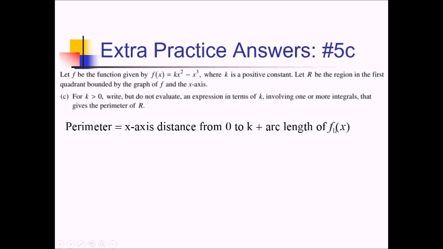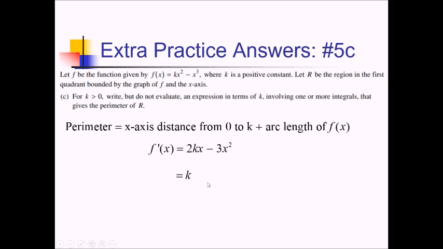So to find that arc length, I'm going to have to take the derivative of f, which is going to be, let's see here, 2kx minus 3x squared. So that's f prime. And I'm going to have to use my arc length formula. And I'll do that in just a sec. So let me write now, perimeter is going to equal distance from 0 to k, which again is just going to be k, right? k minus 0.